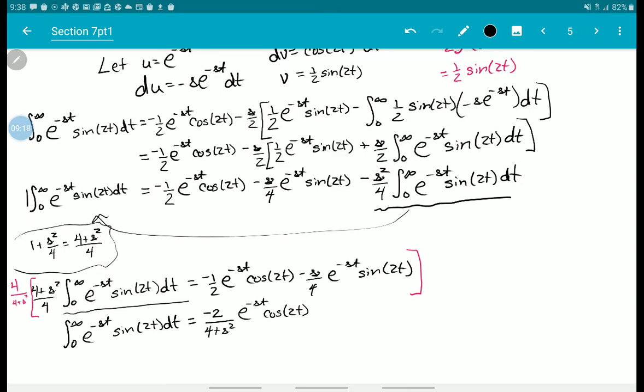And then if we multiply this by that negative s over 4, the 4's are going to cancel. So we're going to have a minus s over 4 plus s squared e to the negative st sine of 2t.